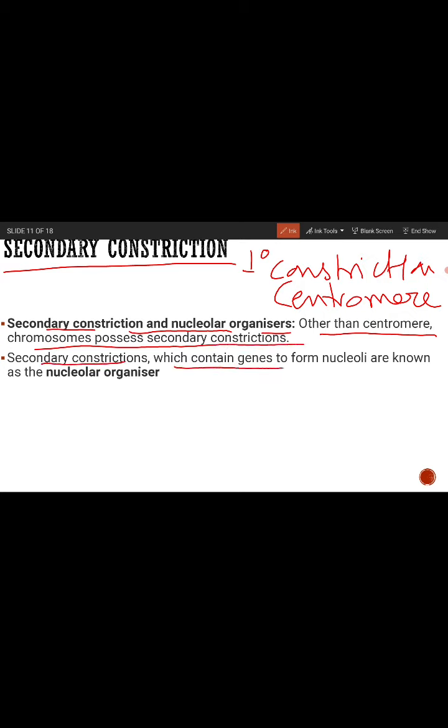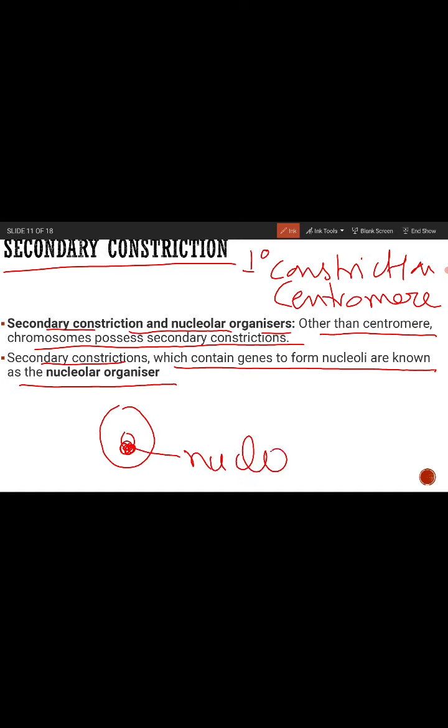Secondary constrictions which contain genes to form nucleoli are known as nucleolar organizers. Within the nucleus there is a special region called the nucleolus. At that region, those genes which contain the nucleolar organizer genes are known as nucleolar organizers.